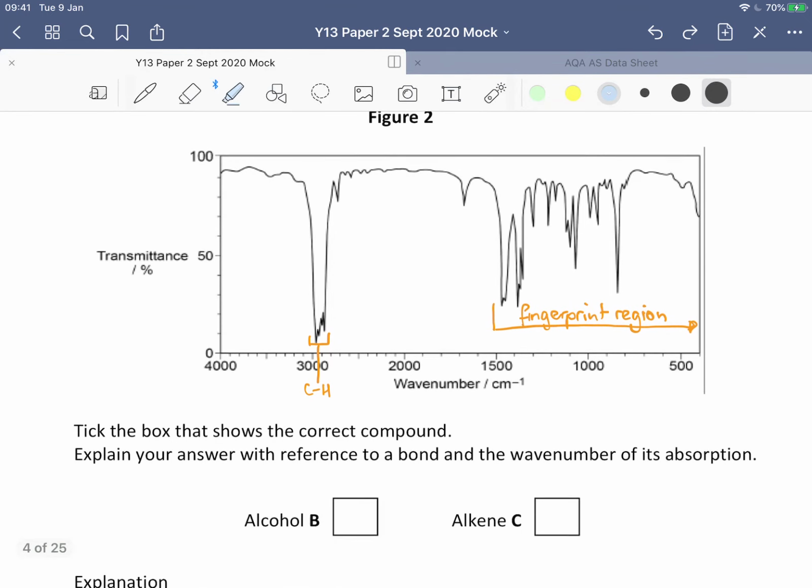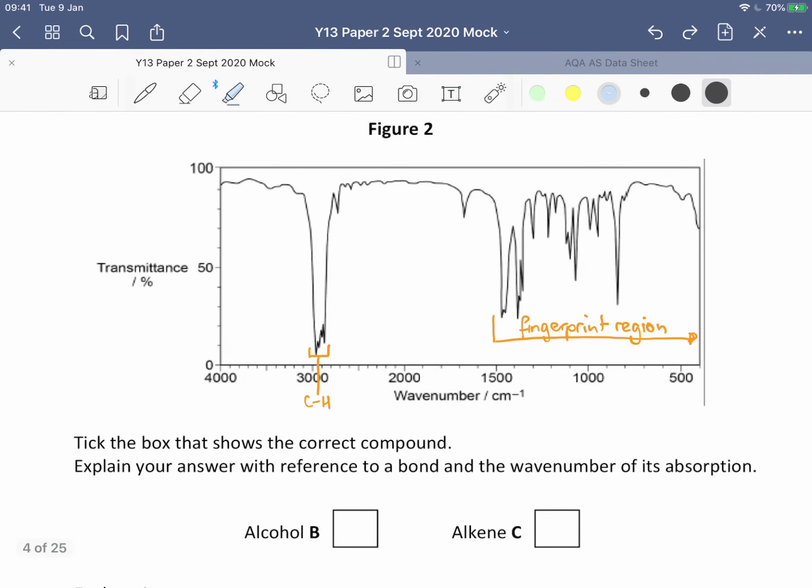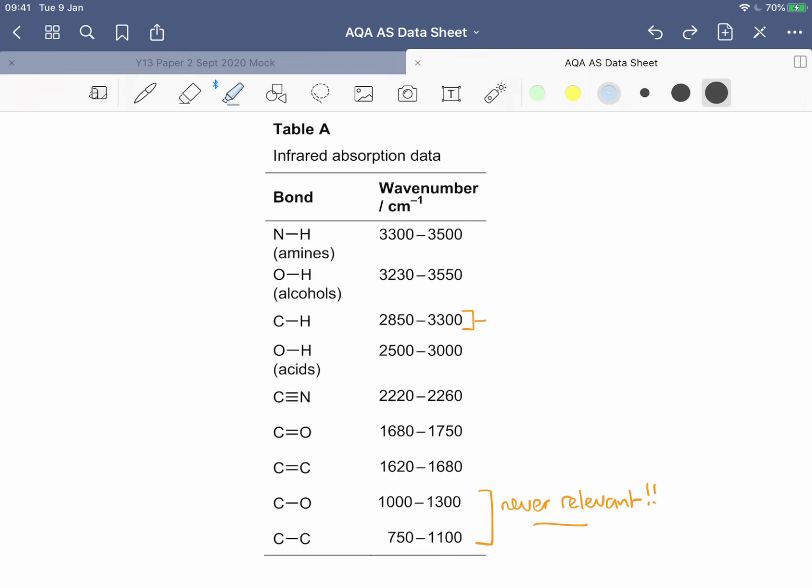So we are having to work out whether this is alcohol B or alkene C. The key thing is what bonds are unique to those two compounds. So alcohol B is clearly an OH alcohol. Let's have a look. If we look at OH alcohols here, it says 3,200 to 3,500.